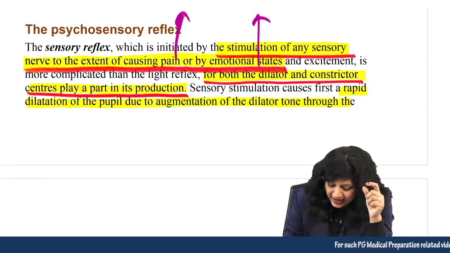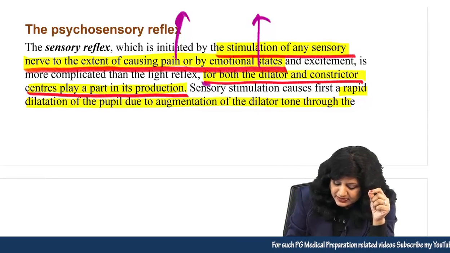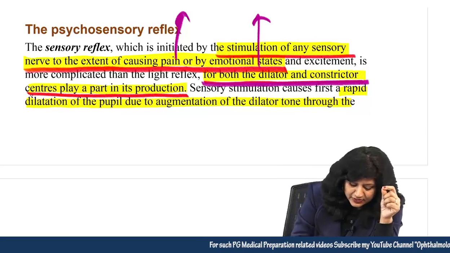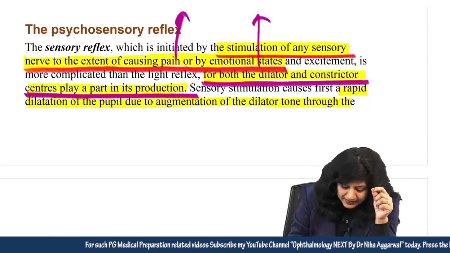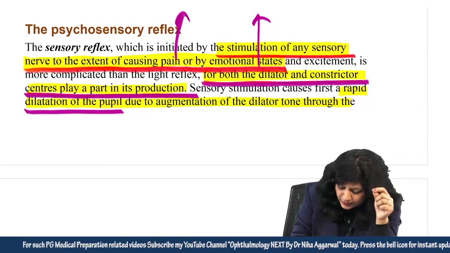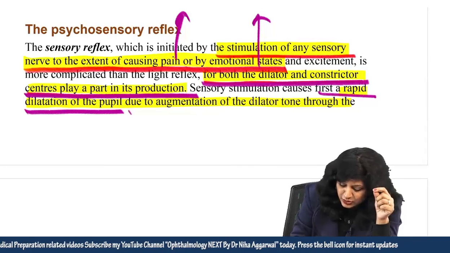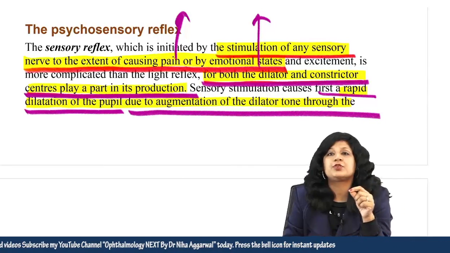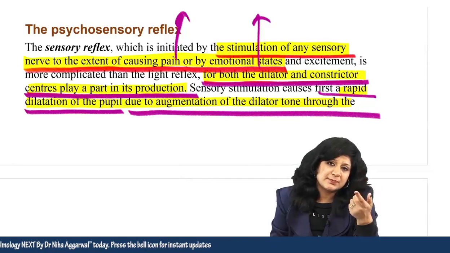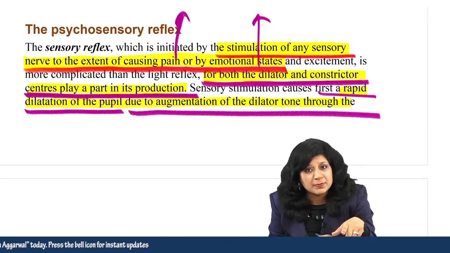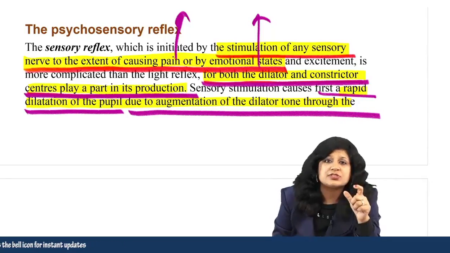And this sensory reflex involves both the dilator as well as constrictor centers in its production. So they are causing a rapid dilatation of the pupil. First it is causing rapid dilatation of the pupil due to the augmentation of dilator tone. Whenever we have emotional stress, there is actually the sympathetic pathway working. That is why dilator pupillae will work, and we have sudden dilatation of the pupil.